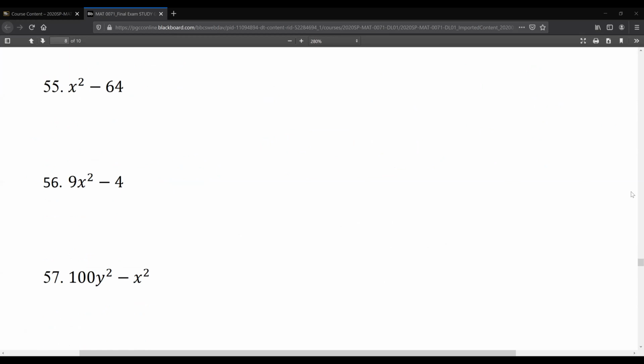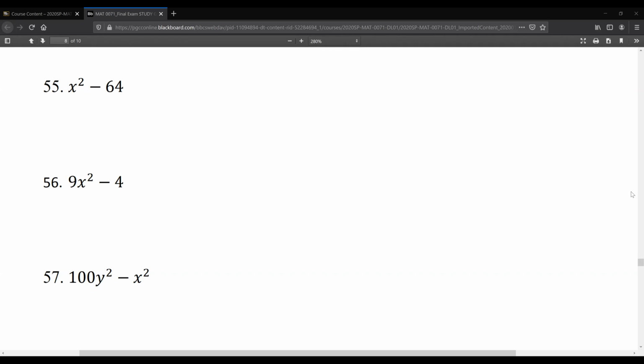These are pretty nice because these come with our special factorization.